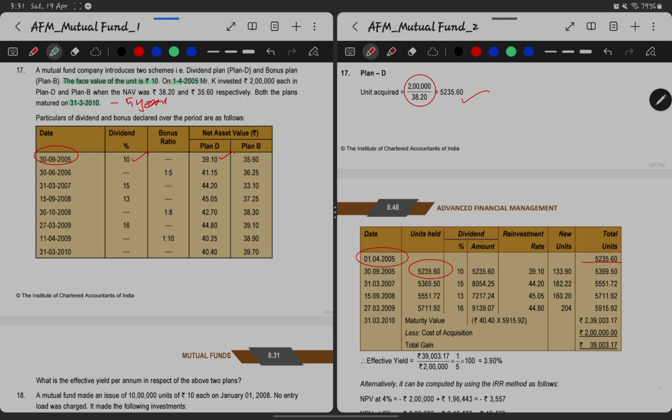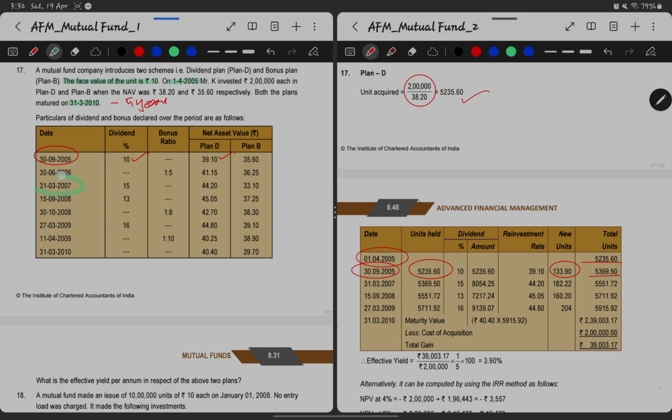Hence 5235.60 multiplied by 10 into the 10% will give us the dividend amount, and dividing it by the NAV on that date, 39.1, will give us the new units to be reinvested. So new units being 133.9 will get added to the balance units, which is 5235. So the closing balance as on 30/9/2005 is 5369.50.